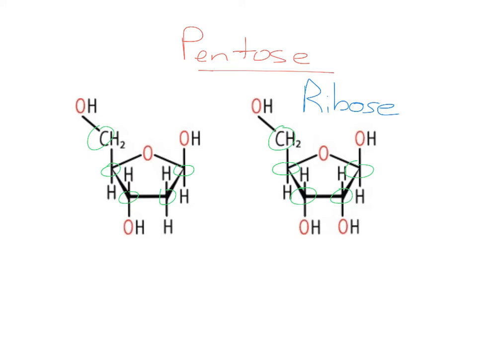Now there is a difference between this ribose, this 5 carbon sugar, and this deoxyribose. Can you tell me where the oxygen is missing?